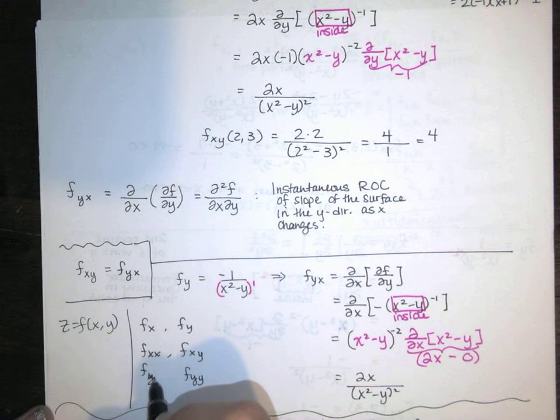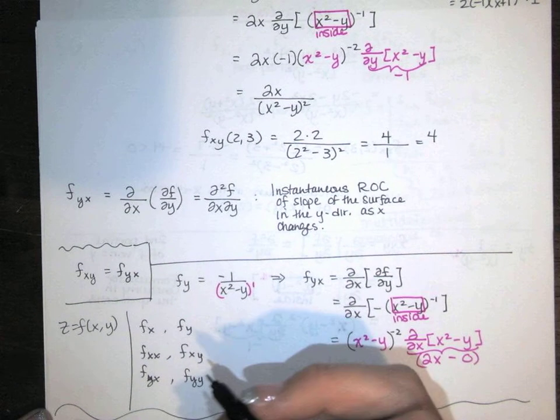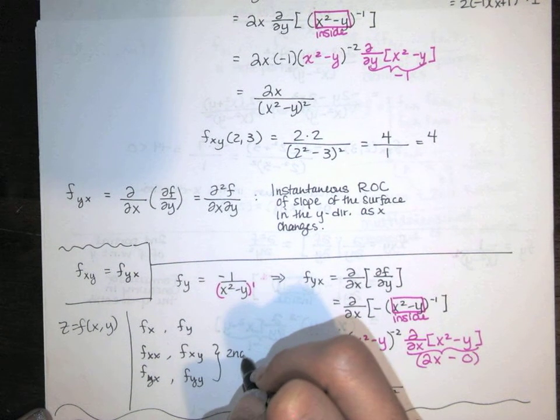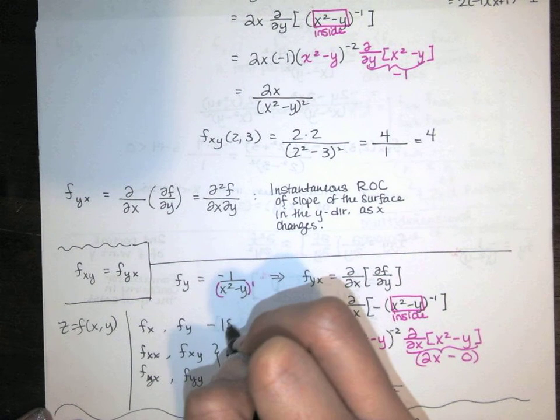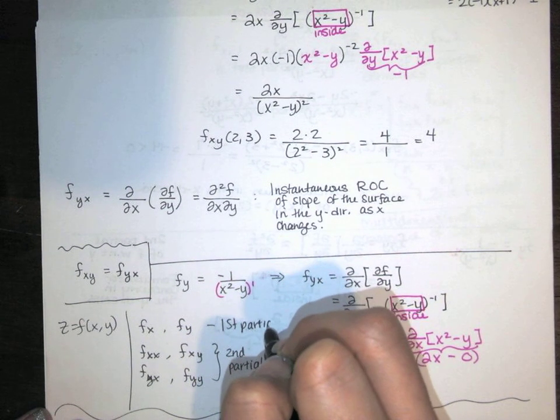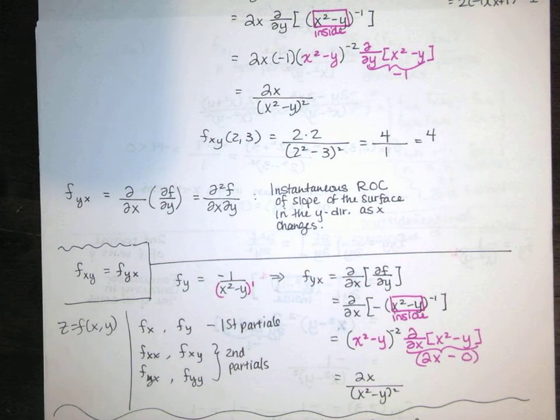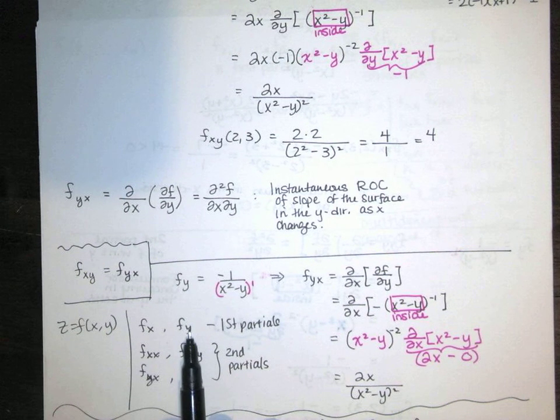You've got some mixed partials. And these give us, provided we're thinking about z as a function of x and y, so this is a surface, slope in the x direction and y direction.